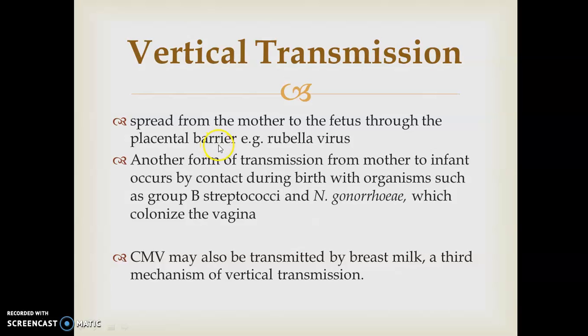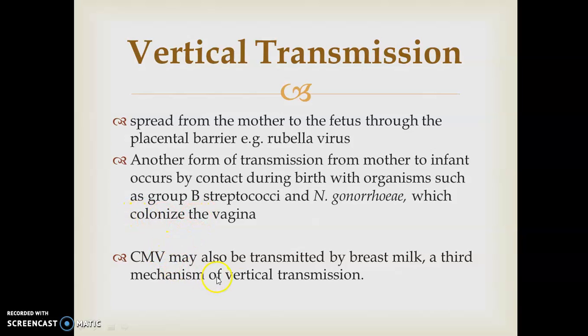One way is through the placental barrier. The other way is that the infection may be transmitted by contact during birth with organisms such as group B streptococci, which colonize the vagina. When the vagina is infected, it may also cause infection to the baby.